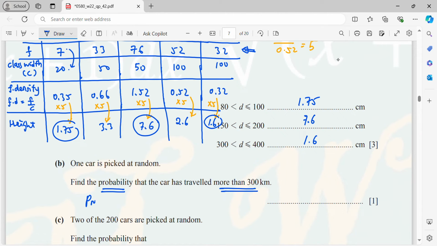So the probability is basically 32 over 200. That is going to be 0.32. Or you can write, over 200, not over 100. Then the answer is going to be 4 over 25. Because it's one car.